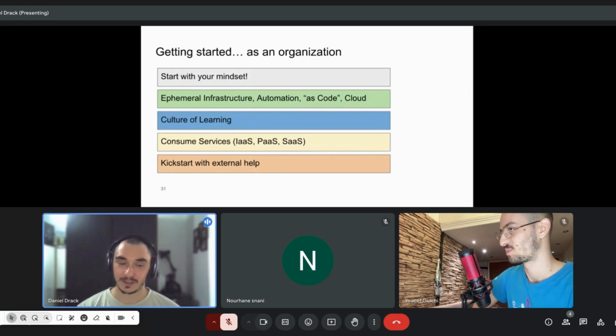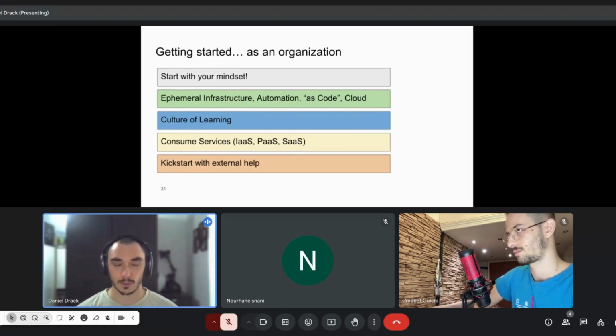If you want to get started, and that's also something we recommend quite often, start by consuming services first. You don't want to build your Kubernetes infrastructure as code platform on premise as a first step, but you first want to get going with infrastructure as a service, platform or software as a service.